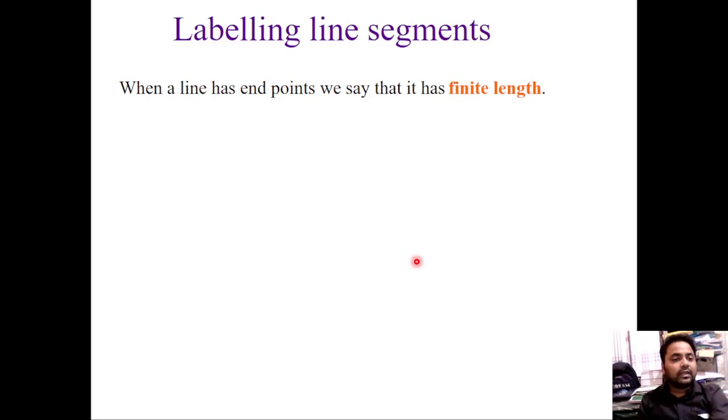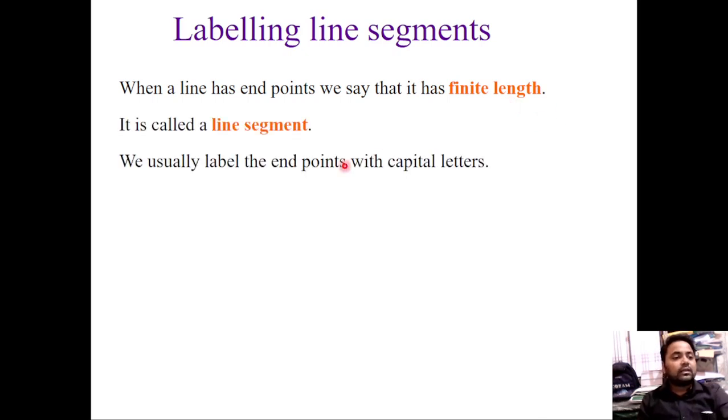Now labeling line segments. When a line has endpoints, we say that it has finite length. Second, this is called a line segment. We usually label the endpoints with capital letters.